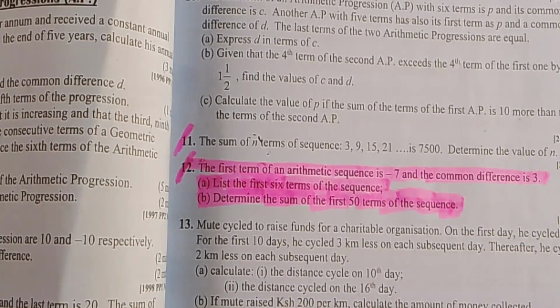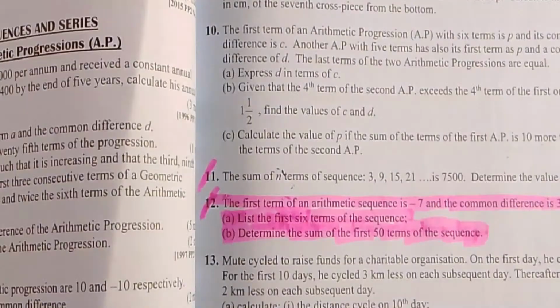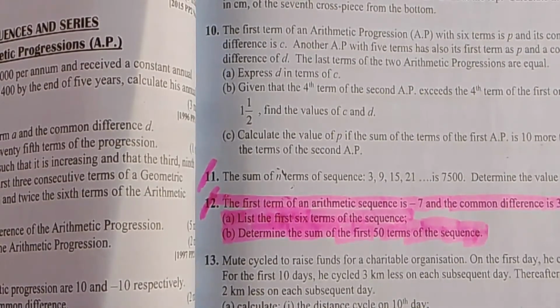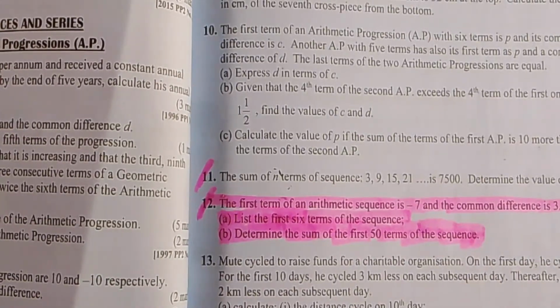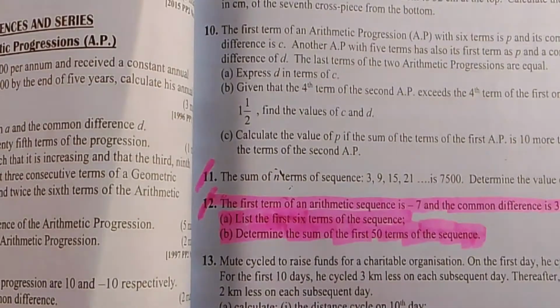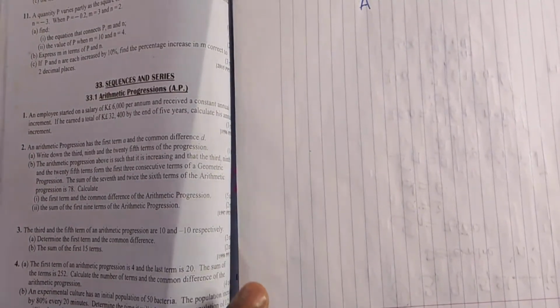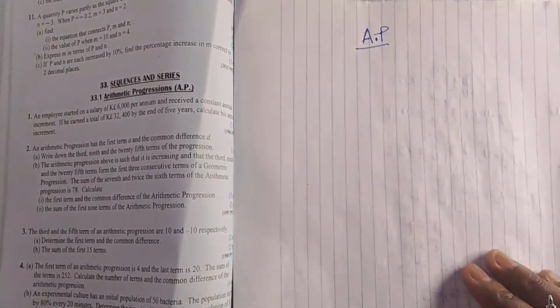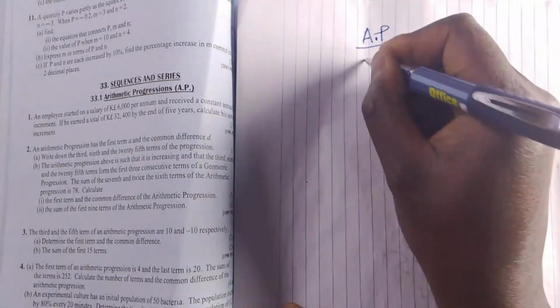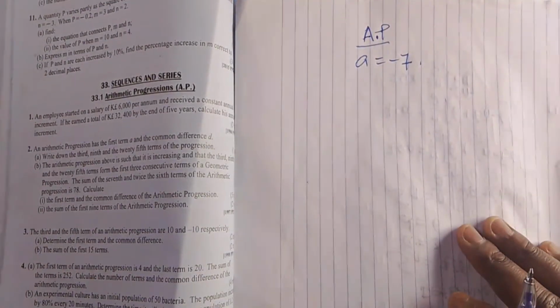I hope you have written that. So we identify the first term of an arithmetic sequence, so here we are dealing with an AP. We identify that the first term of an arithmetic sequence is -7 and the common difference is 3.